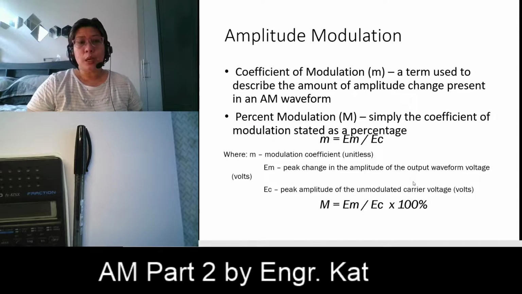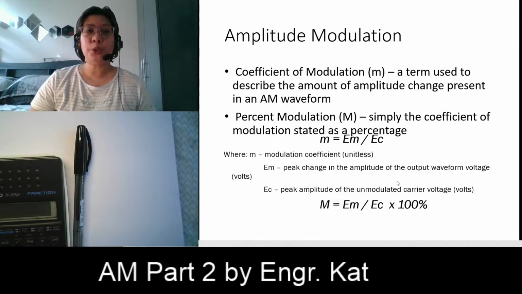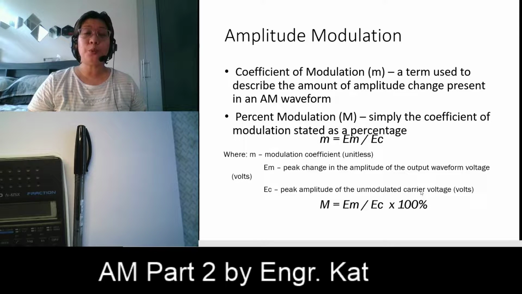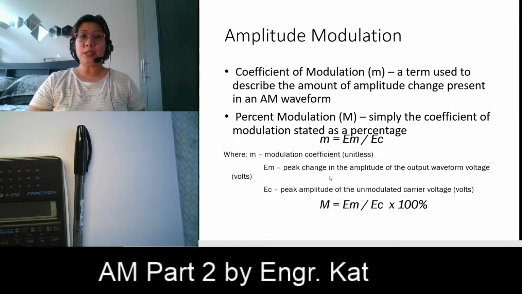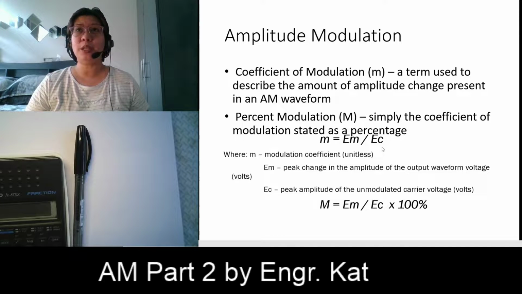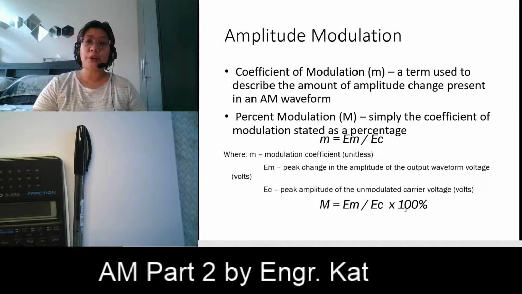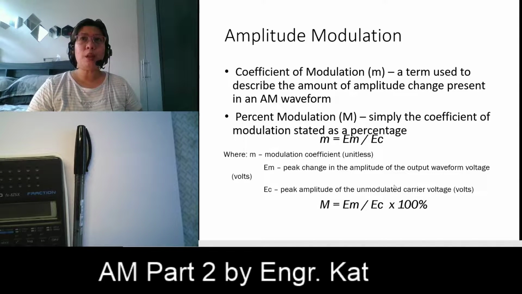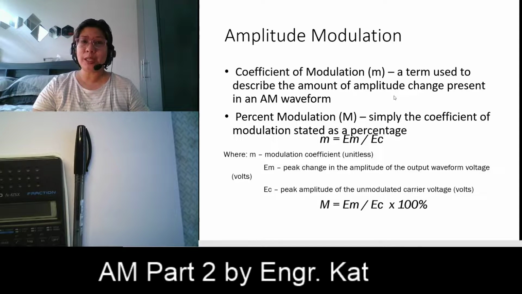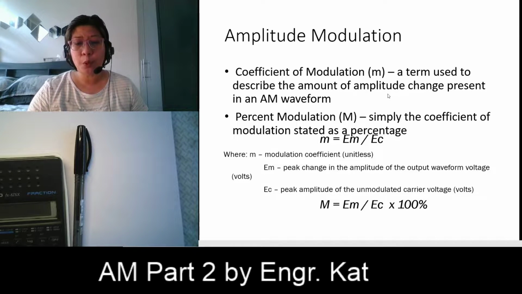Okay, so we have here amplitude modulation. The first thing that we're going to discuss now is the coefficient of modulation. The coefficient of modulation, or modulation coefficient, in some other references is represented by small letter m. Coefficient of modulation is a term used to describe the amount of amplitude change present in an AM waveform.